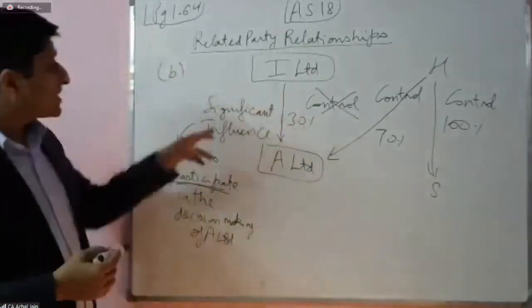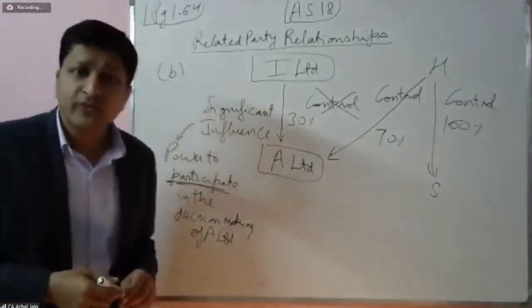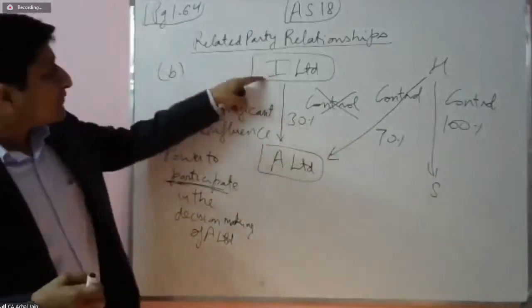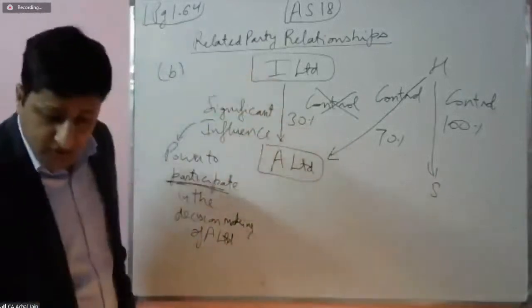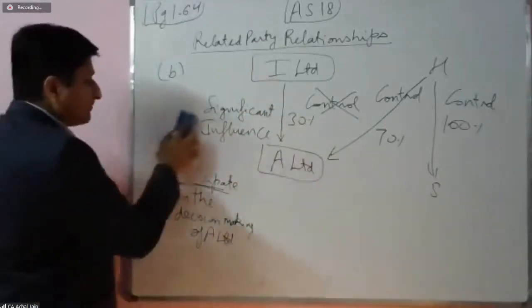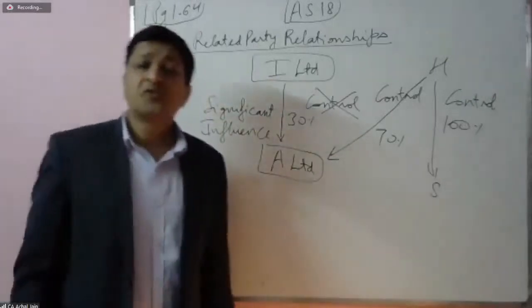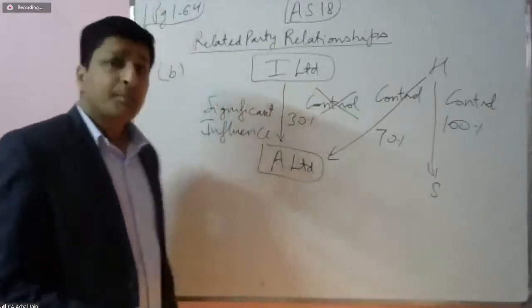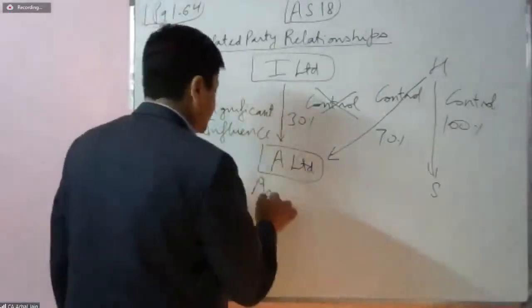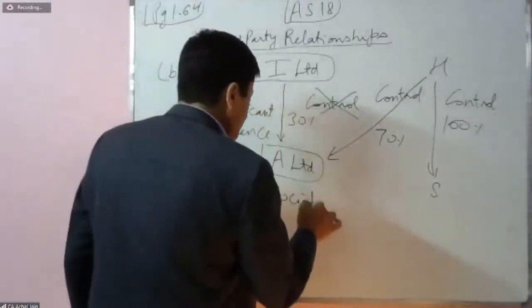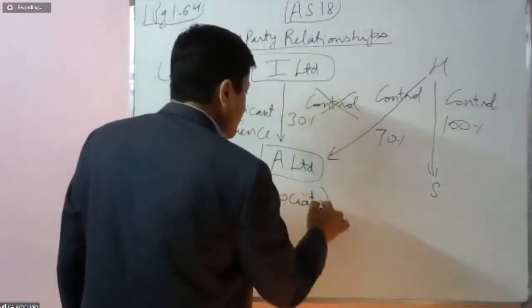This type of situation is called as significant influence, and whenever an investor has got significant influence over a company, then the investee, who is the investee? A Limited, becomes associate.